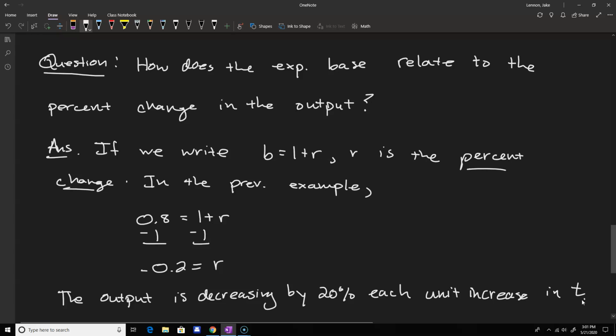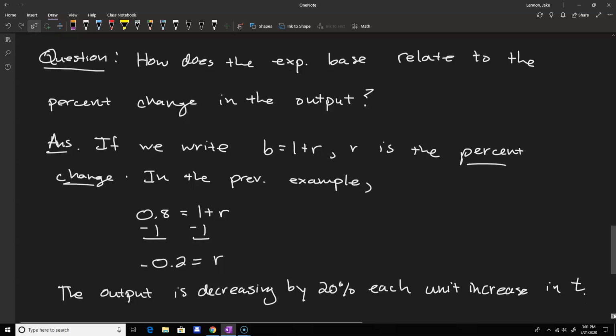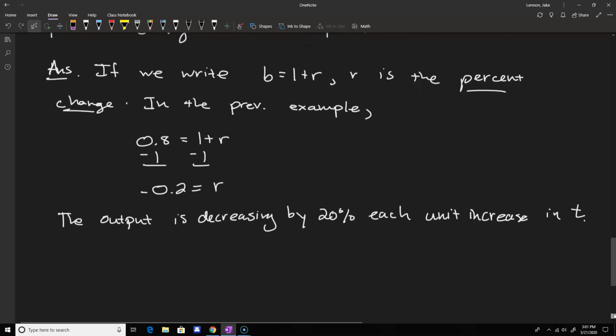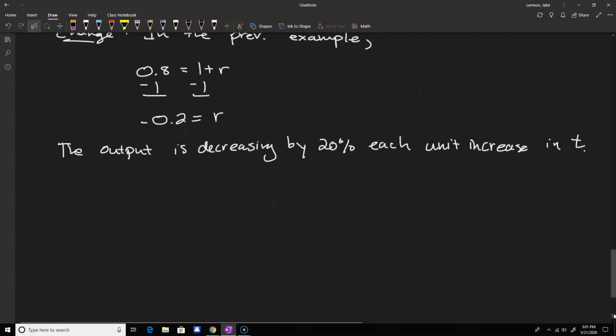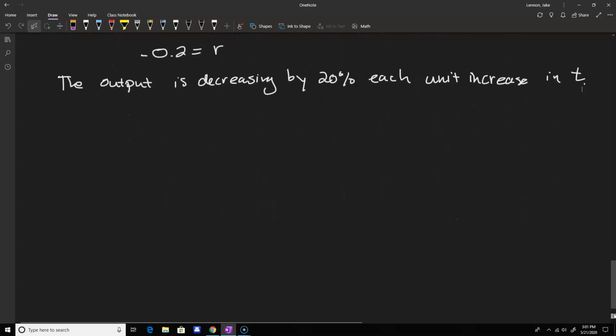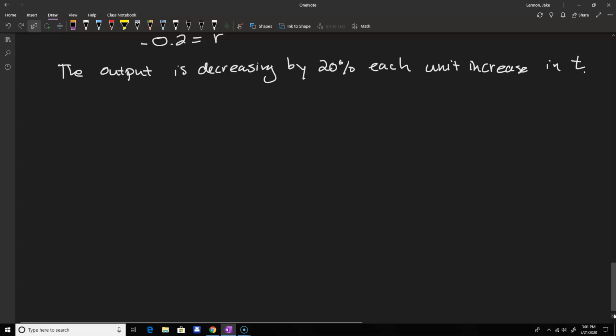So one last thing, in terms of the general form. We'll look at an application to compound interest after that. We have another form for exponential functions known as the continuous form.